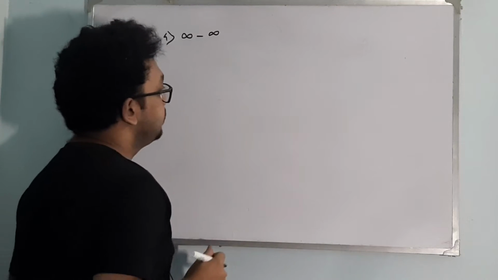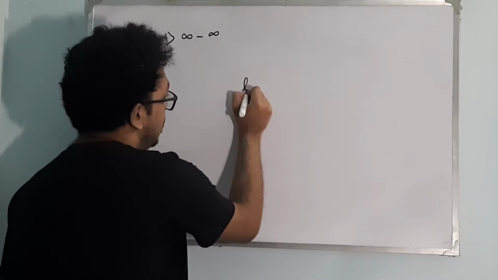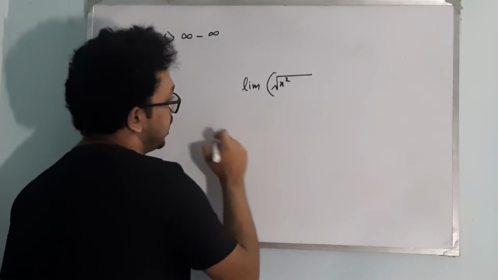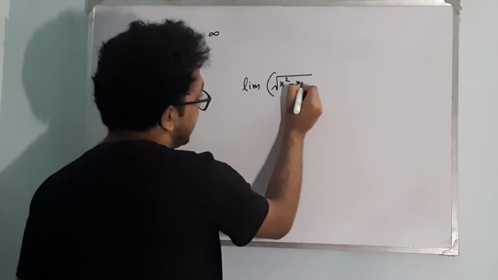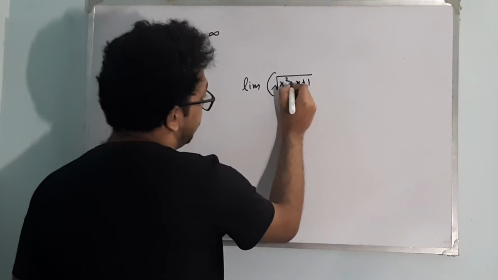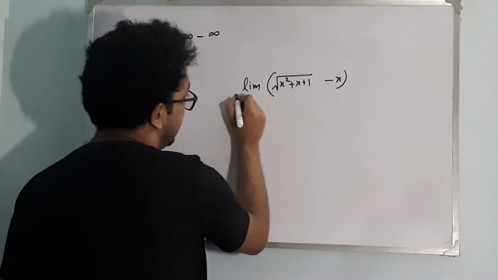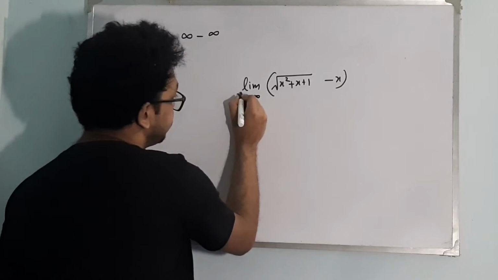Suppose you have a problem, say you have to find the limit of the function square root of x square plus x plus 1 minus x, as x tends to infinity.